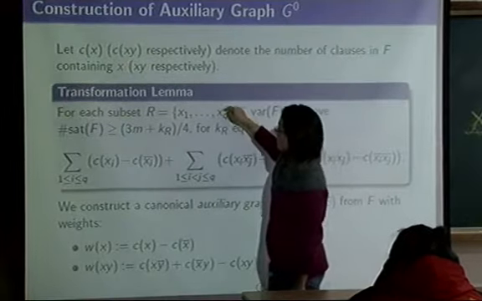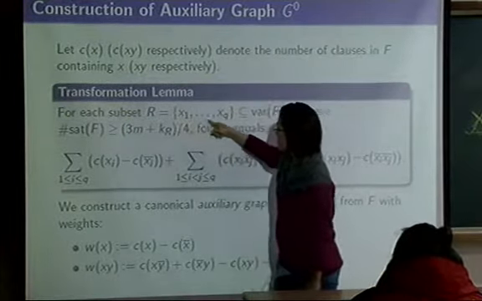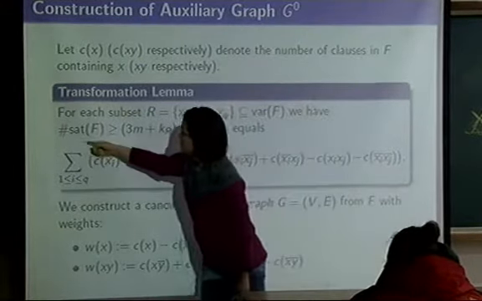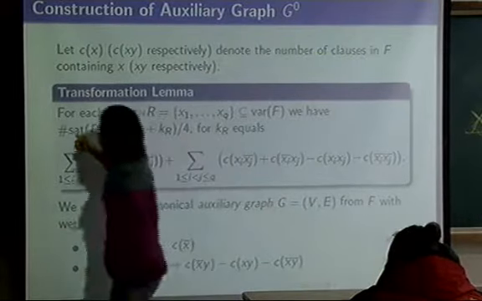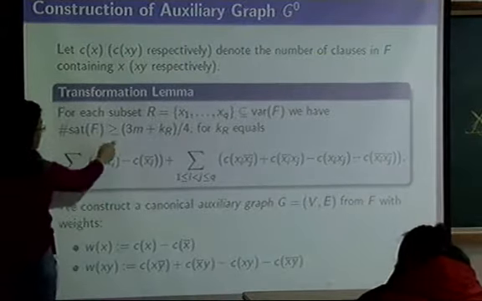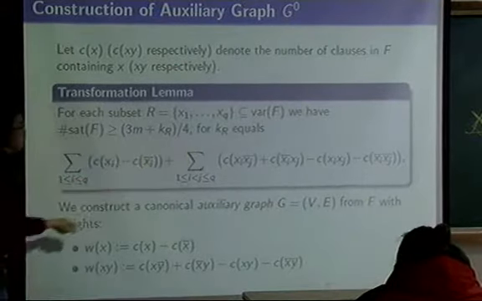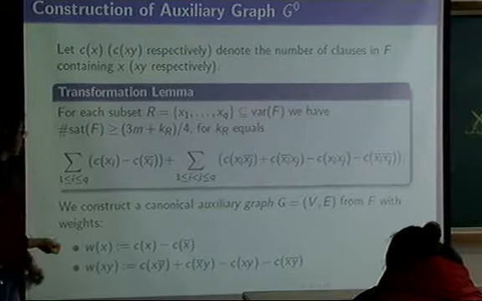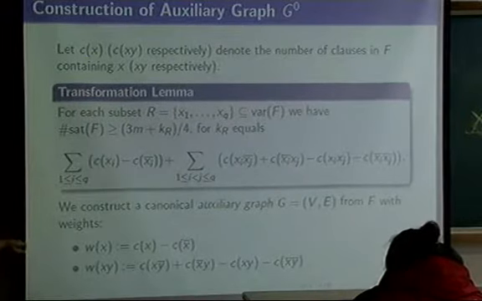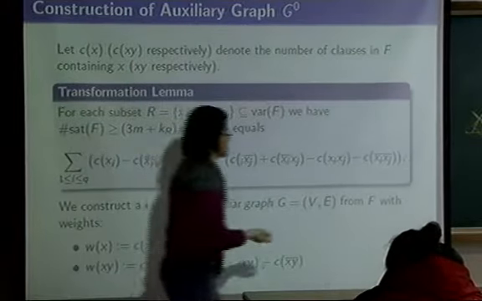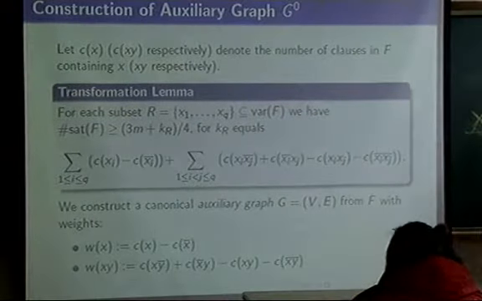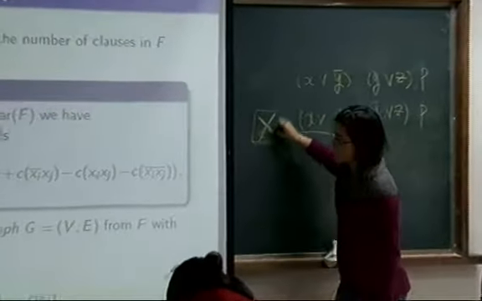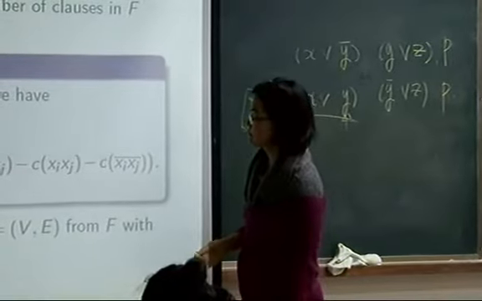So the main lemma here is, for each subset of R, there is a truth assignment that satisfies at least this number of clauses, where KR equals this. So this formula is basically obtained by some modification of the polynomial of x, but it's a bit of technicality.